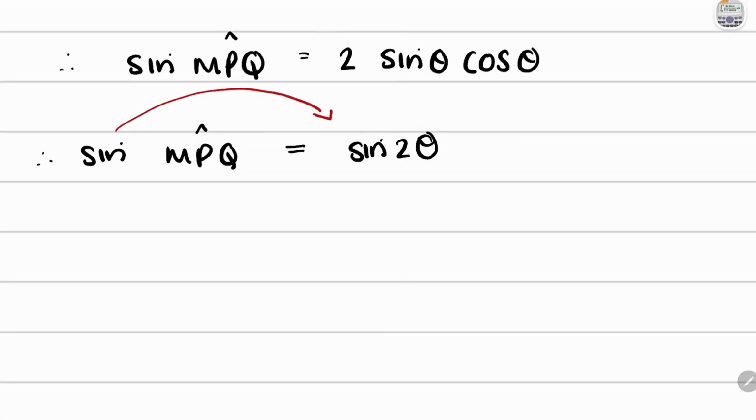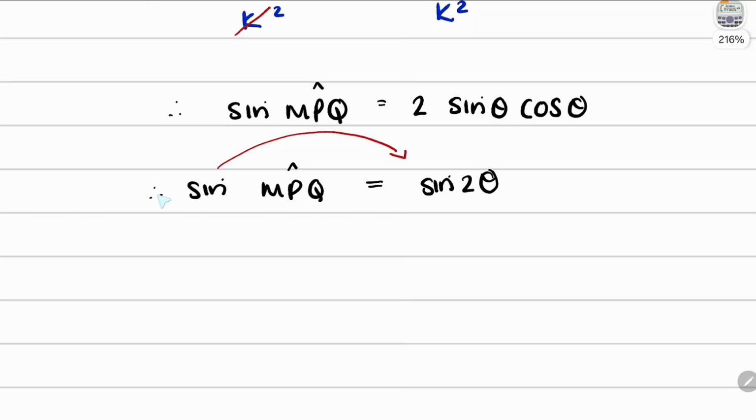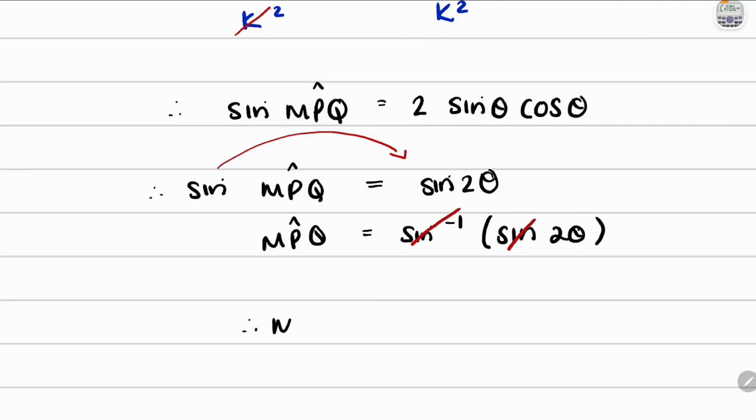What we're really doing on both sides is using the inverse of sine on both sides, but I like to take things over. So what happens there is you're going to have the inverse of sine with the sine function. And because they're the inverse of each other, they would actually cancel each other out. And therefore, MPQ, that angle, is equal to just 2 theta. And that's how we get that.